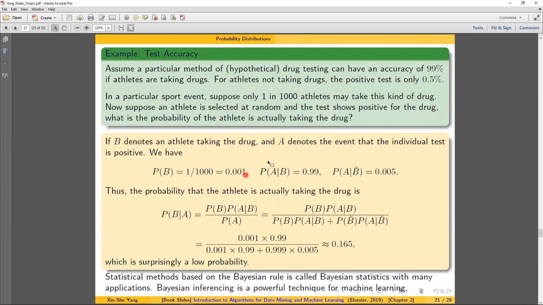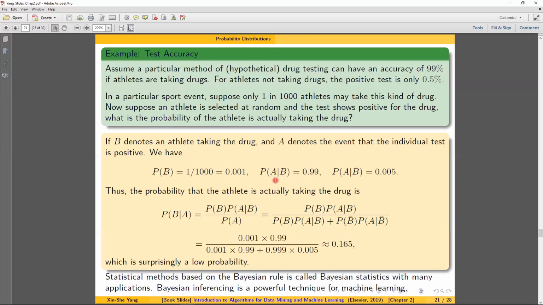A is the event that the individual test is positive. Suppose someone takes a drug and is tested positive, the probability is 0.99. The test can have an accuracy of 0.99 if athletes are taking drugs, so P(A given B) is 0.99.